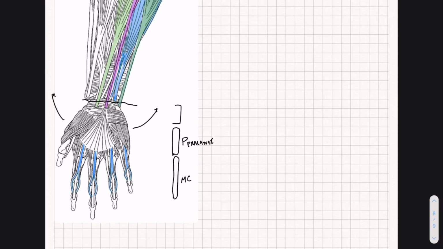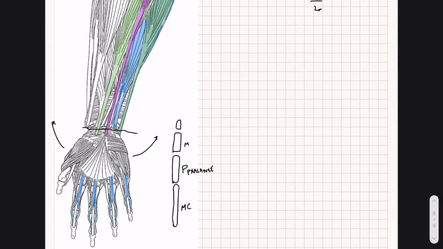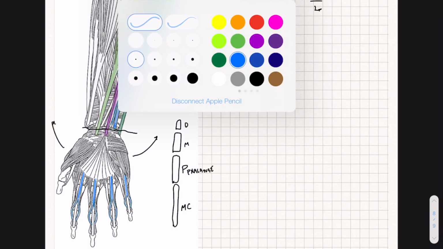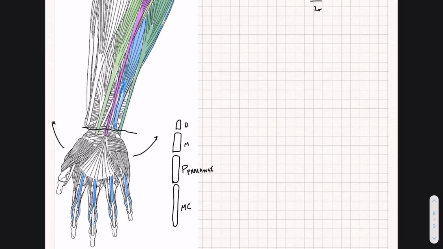Then you have this middle, and then you have this distal. So that right there is one finger. The superficialis goes like this. It ends at this joint. So it can act on these two joints, really.